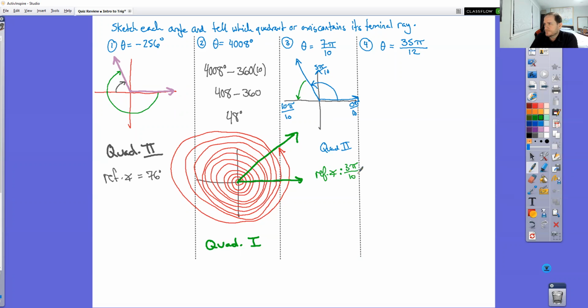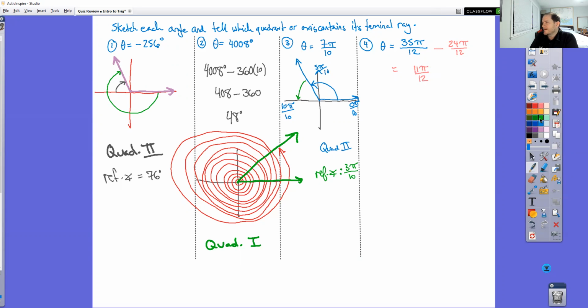Okay, and then lastly, for this one, again, we can take away not 360 degrees like we did for number 2, but we can take away 24 pi over 12. 24 pi over 12 is 2 pi, so we're subtracting a full rotation. That would bring this down to 11 pi over 12.